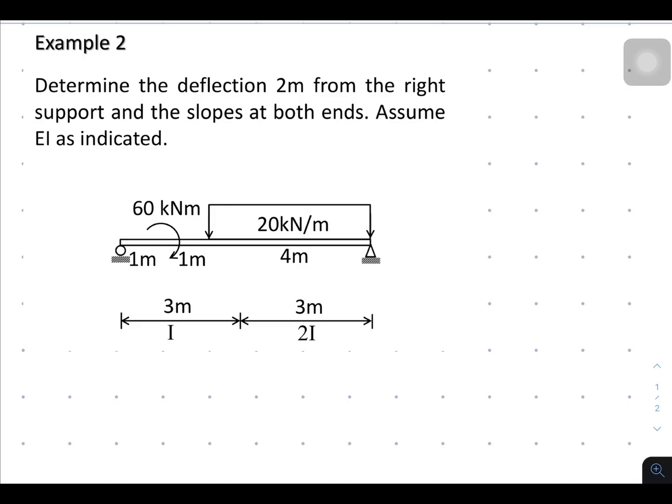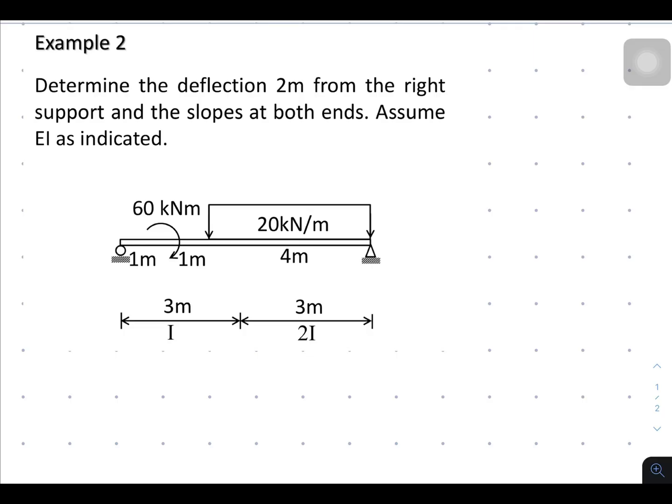So we have to solve them and consider them one at a time. In this example, we will have 3 different solutions, since we have 1 for deflection and 2 for the slopes. So let's start.